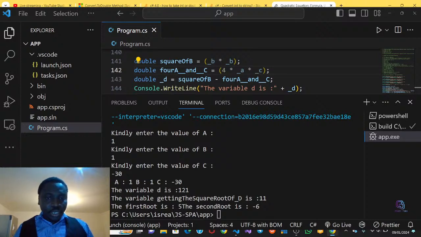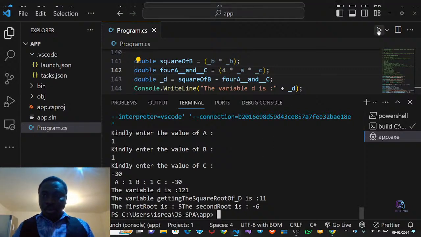Once you look at it, we agree. For the quadratic equation, A is 3, B is 2, C is 1. So 3, 2, and 1.